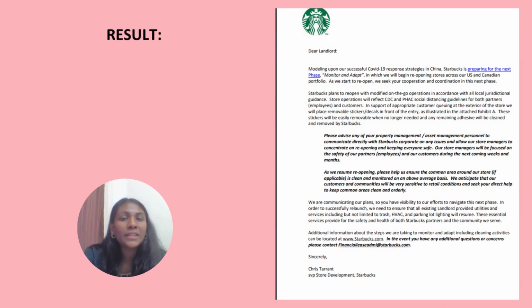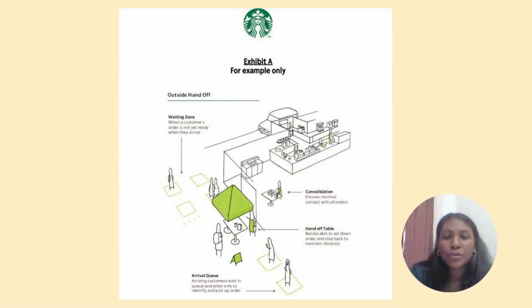The result is an example letter that Chris Terran sent to Lanford during the pandemic. This is the model that operated during the pandemic, which is COVID-19. As you can see, there's an outside handoff, a waiting zone, for when a customer's order is not yet ready when they arrive.